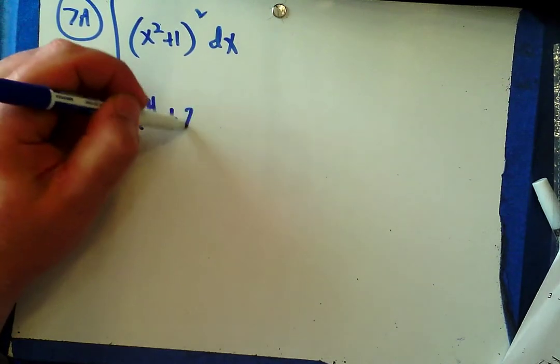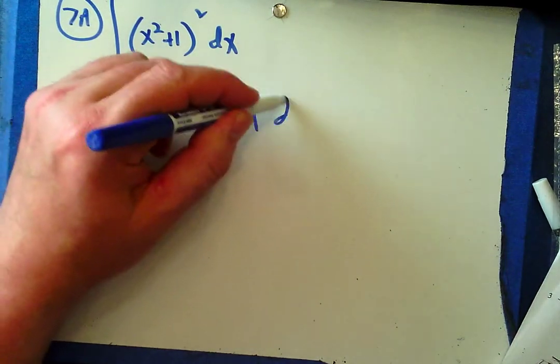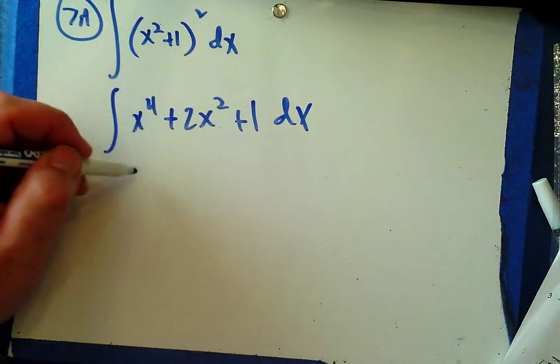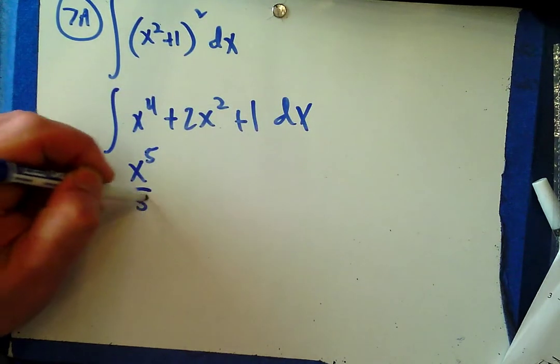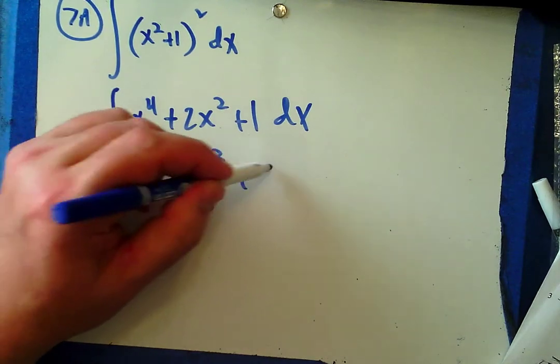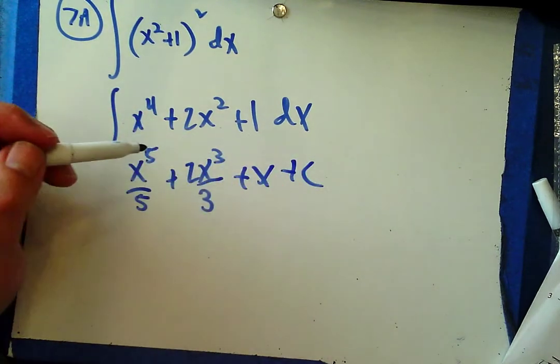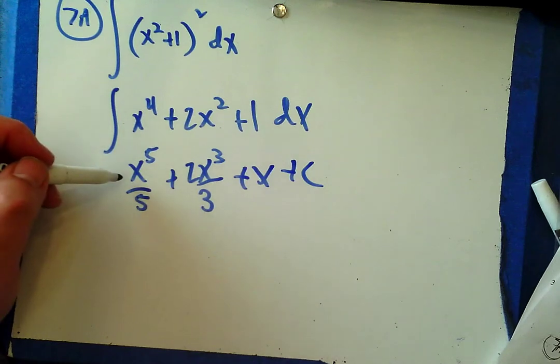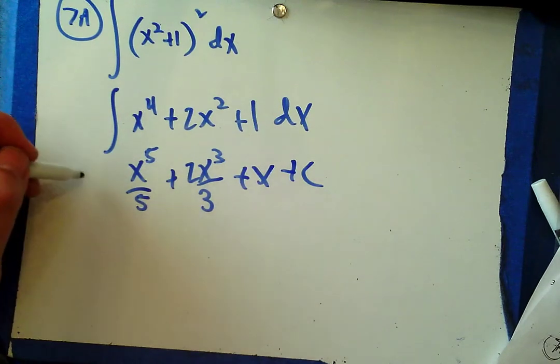X to the 4th plus 2x squared plus 1, and then find the antiderivative of each piece. X to the 5th over 5 plus 2x to the 3rd over 3 plus x plus c. That looks like choice D.